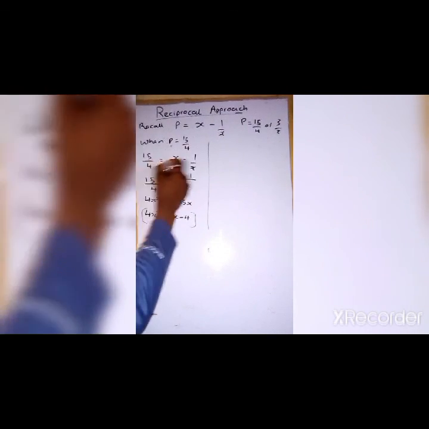This one is a quadratic equation. We get the value of x, and from the question we have our highest power as x raised to the power 4. So that means we have to find 4 values of x. Now this is when p is 15 over 4.